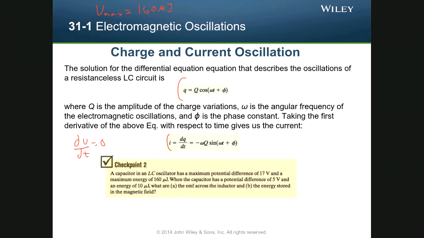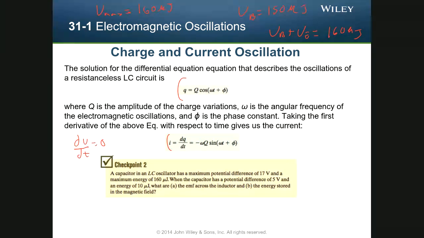So if that's 160, and we see that when the capacitor is at a potential of 5 volts, it has an energy of 10 microjoules, that means that the energy stored in the magnetic field, U_B, has to be equal to 150 microjoules. And that's because U_B plus U_E must always in this problem equal 160 microjoules, right? The max doesn't change. The individual numbers do. But under the same rules, right?